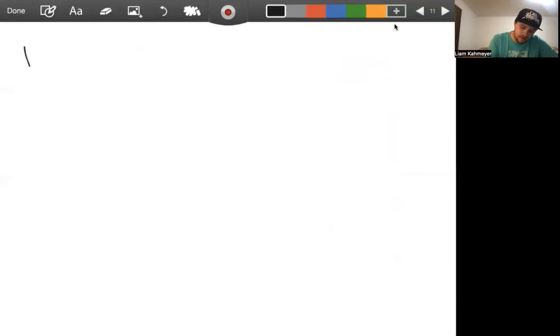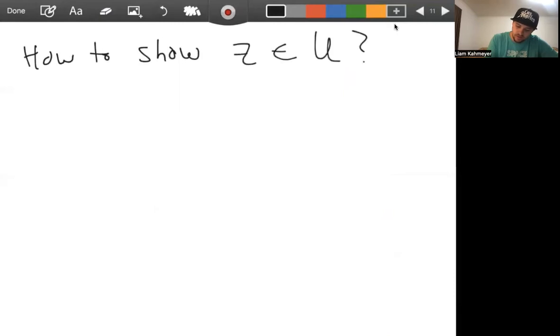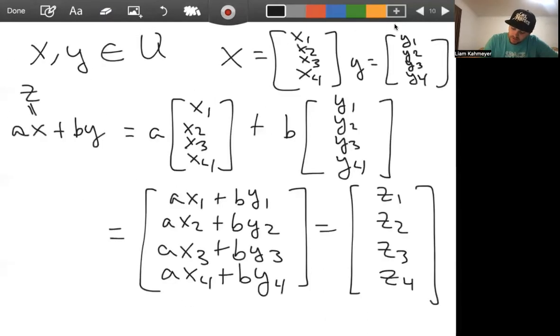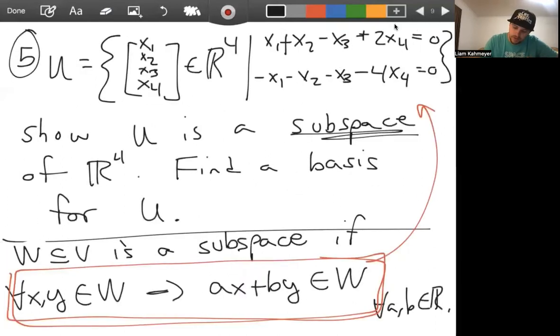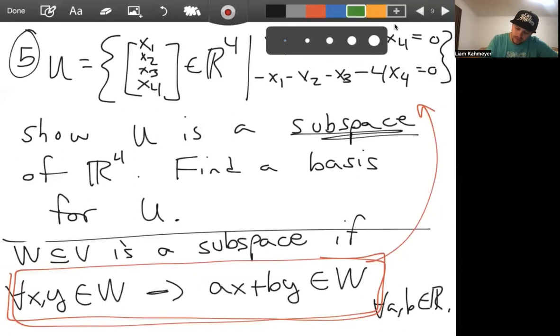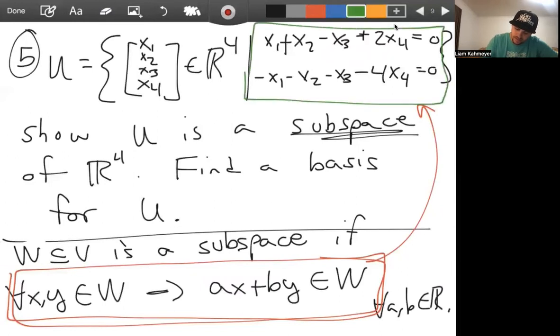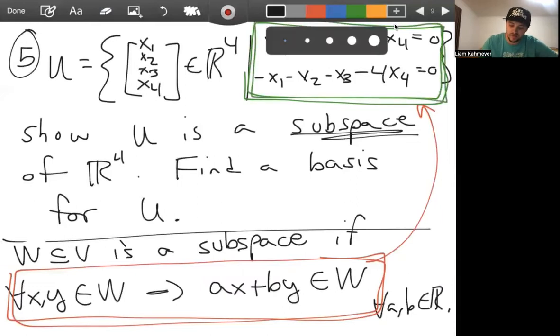So how do we show that z is an element of U, where z is again ax plus by? Well, we want to show that the components z1 through z4 satisfy the criteria for being an element of U. Namely, we need to show that z1 through z4 satisfy these two equations.